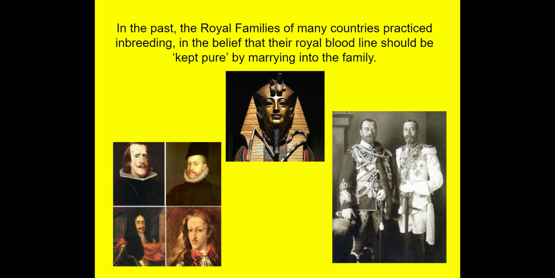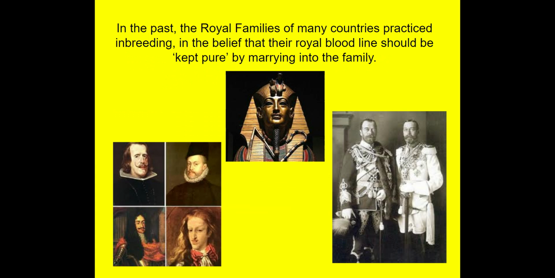You wouldn't have a king marry a peasant or a non-royal person because you want that bloodline to be pure. A lot of times we see this as odd, but several hundred years ago, or especially thousands of years ago, they would see it as making sense.